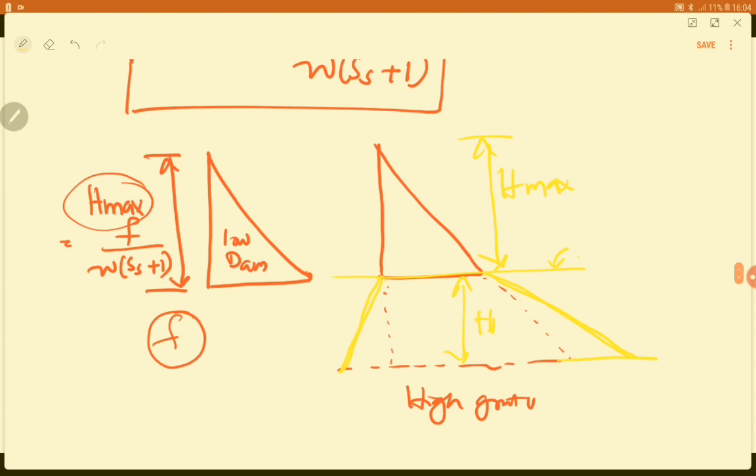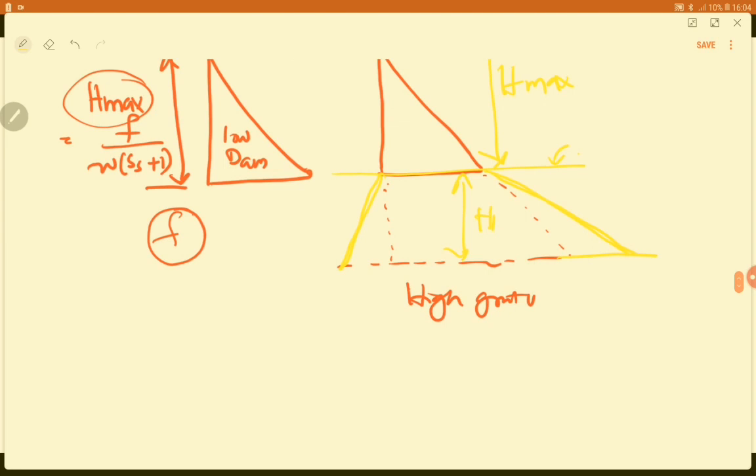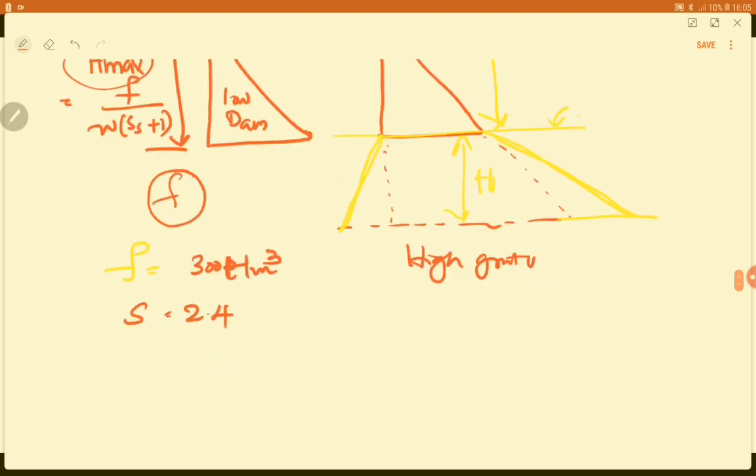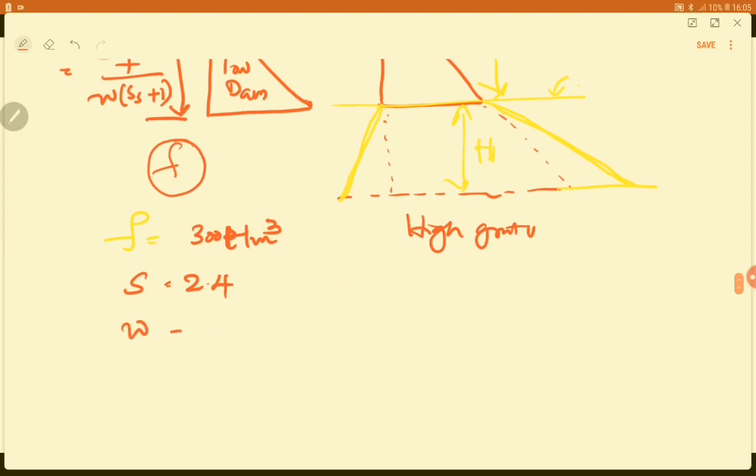Okay, now let us just do a simple calculation to find out the height of a low rise dam. We are just giving generally adopted values. The F value is usually taken as 300 tons per meter square. In case of concrete dams, the S is taken as 2.4. What is the value of W? That is the unit weight of water, equal to 1 ton per meter cube.